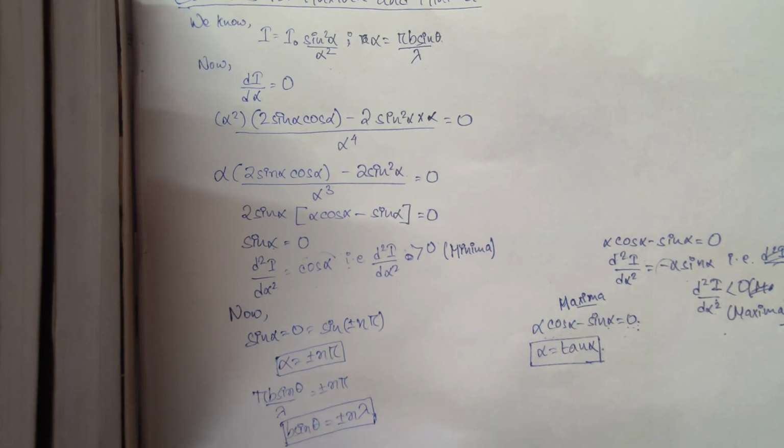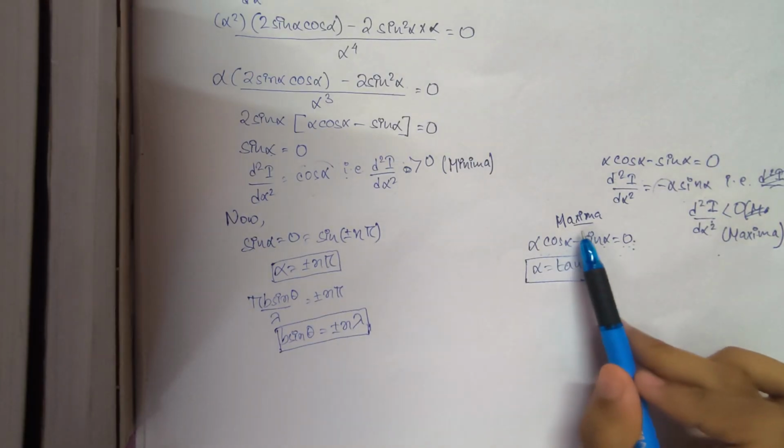So from the minima we get sine alpha equal to 0, equal to sine plus minus n pi, as we know that every integral multiple of pi under the sine function gives 0. So alpha equal to plus minus n pi, and as we already know that alpha equal to pi b sine theta by lambda equal to plus minus n pi, we can also say that b sine theta equal to plus minus n lambda.